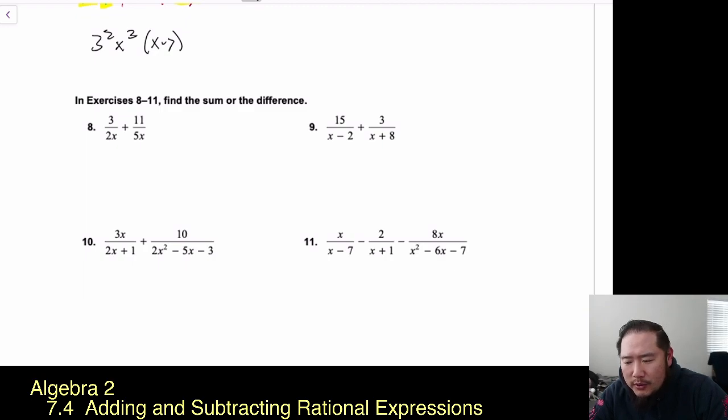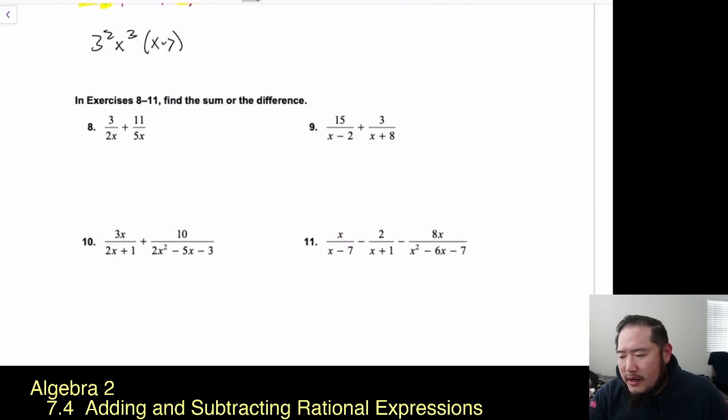So you would take this 11 over 5x and multiply it by 2x, and then take the 3 over 2x and multiply that by 5x. You can do that. But we really don't need to, because they both share an x. The problem is the 2 and the 5.